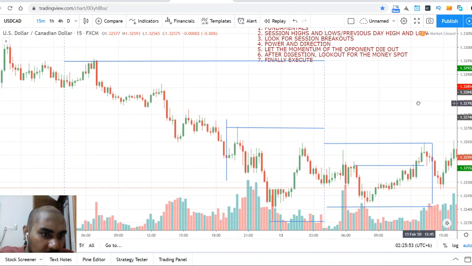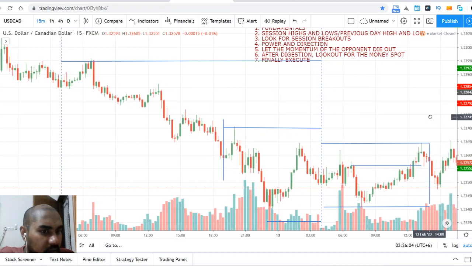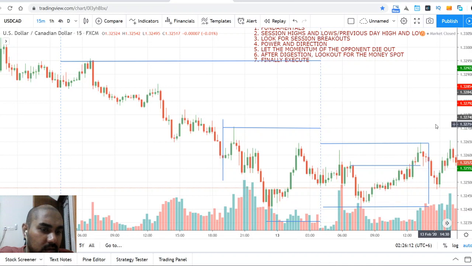Next candle, didn't break out of Asia. Next candle. Not sure yet.